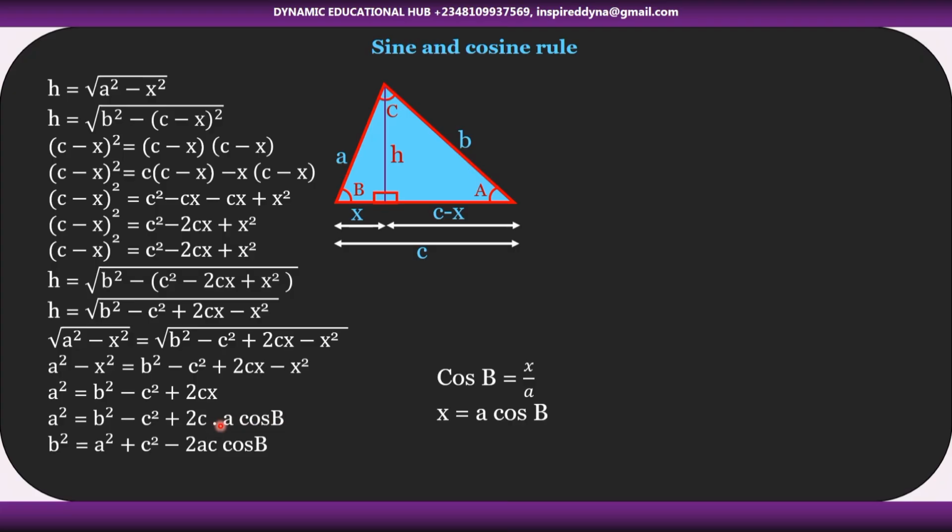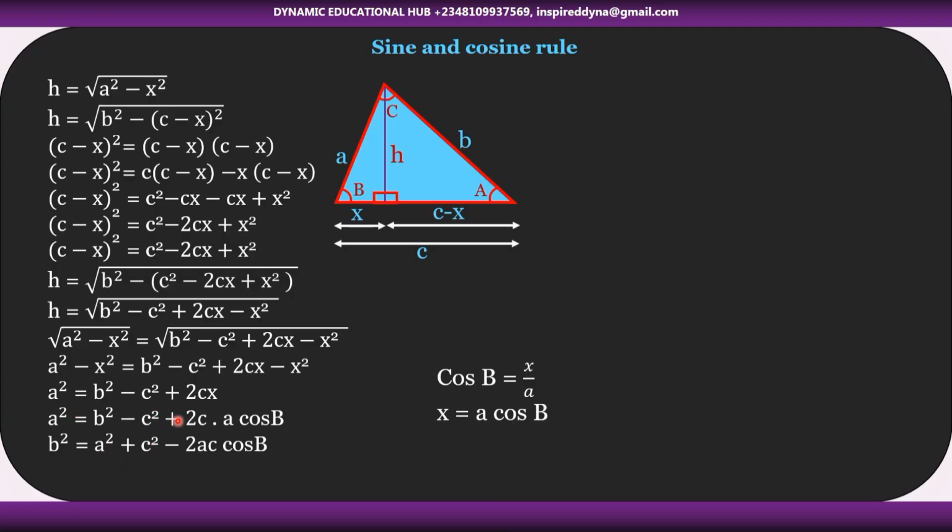Another thing to do here is you can rearrange this expression. How do you rearrange this expression? You want to make b the subject of the formula. So everything here apart from b will cross to the other side. When you rearrange this, minus c squared will go and meet a squared, it becomes plus c squared.